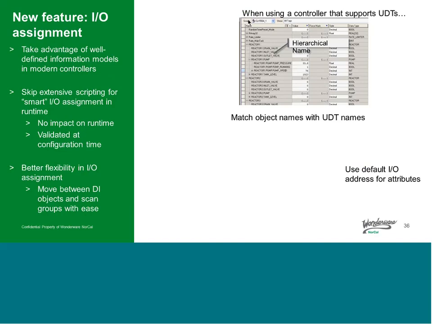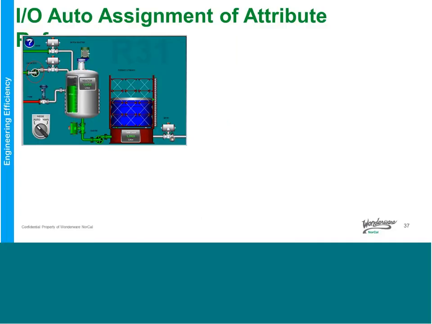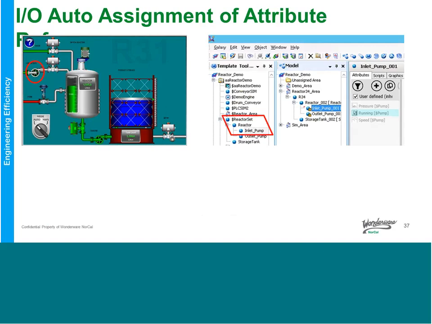where you've got a structured name already in the PLC. If you create an object that mirrors or mimics the same structure in the PLC, we can auto-bind to the PLC. So we're going to do a demo on this. And so the basics of it is, if I've got an inlet valve here in this case, and our inlet pump, and it's part of a reactor, and then I have an attribute that it's running.